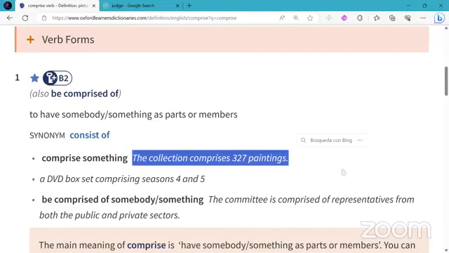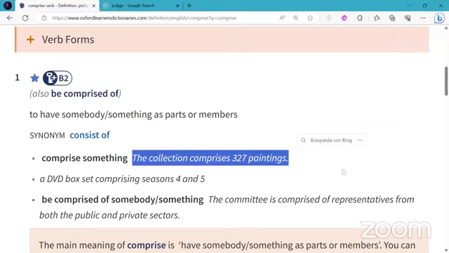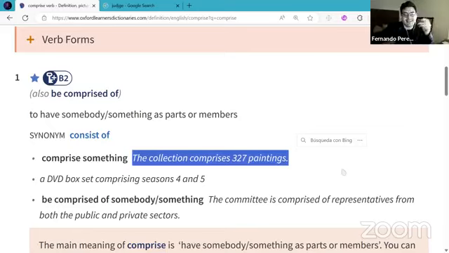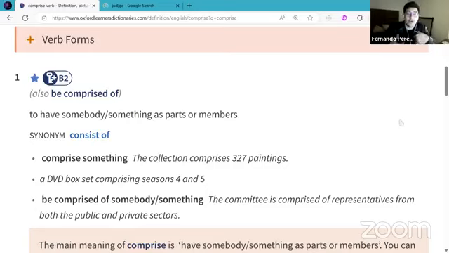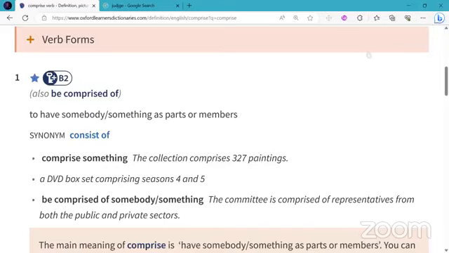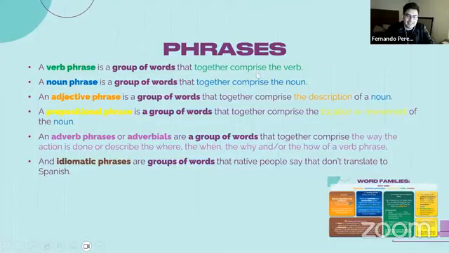It's part of something. To speak about the parts that complement something bigger. Exactly. Okay. That's right. Something is built of different portions, and these portions are the ones that are comprising the total or the bigger picture. Understanding comprise, we can understand this sentence.